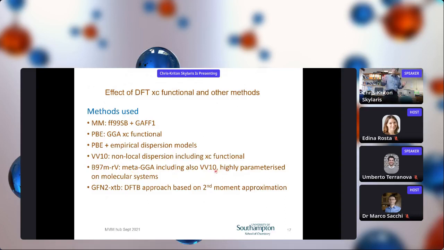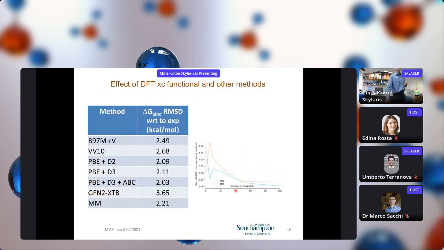It's a highly parameterized mixed functional that has been calibrated on thousands of molecular systems, and according to its author, it's supposed to be amazing. And this is a DFTB approach, which is based on the second moment approximation. It is one of the DFTB approaches that are available. The advantage it has is that it comes ready with parameters for all the elements.